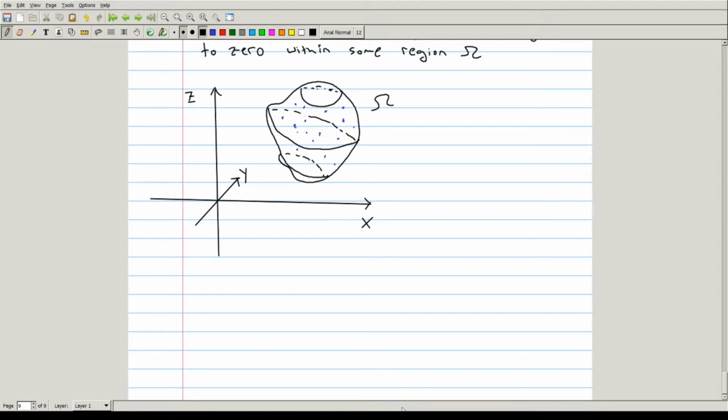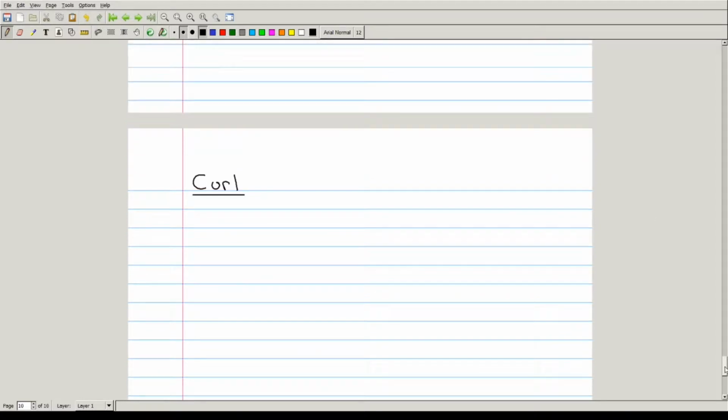So the next topic that we want to move into is what's called the curl of a vector field. Like I said earlier, the curl of a vector field is directly related to the idea of rotation.